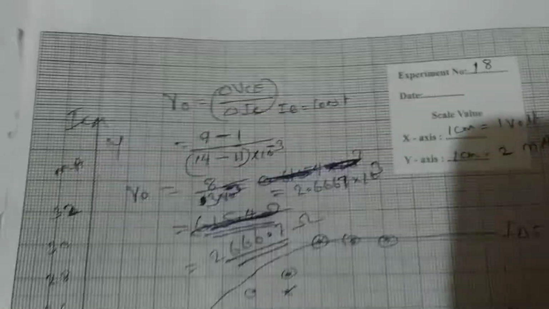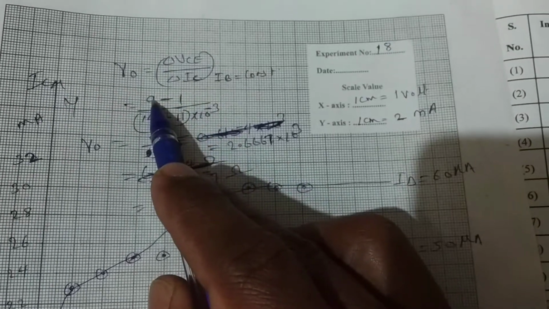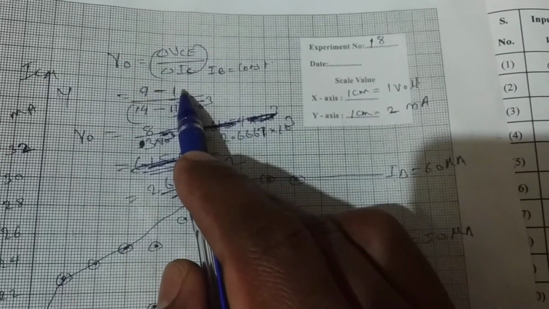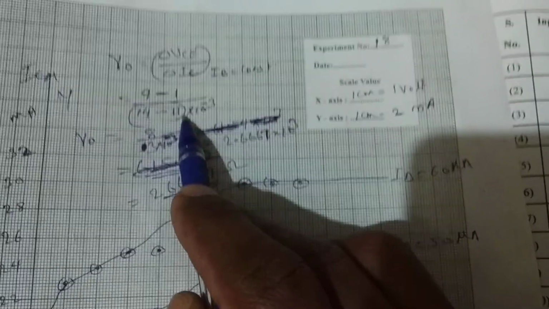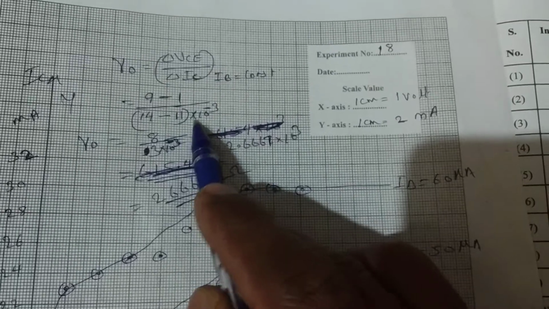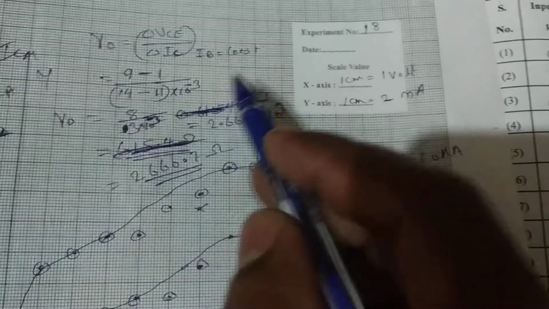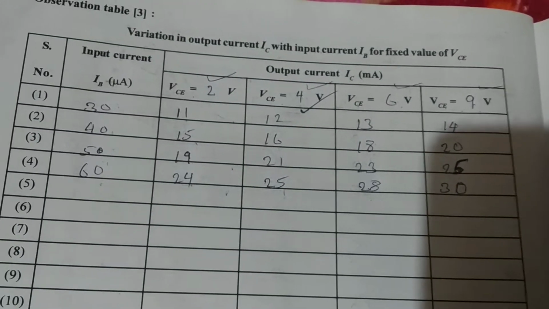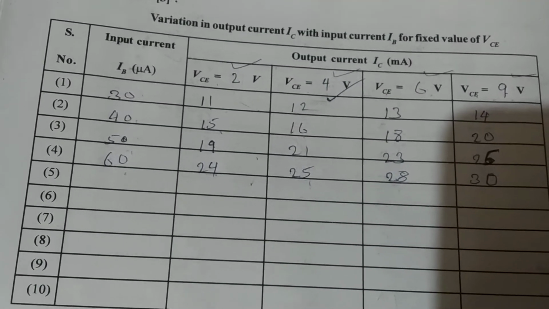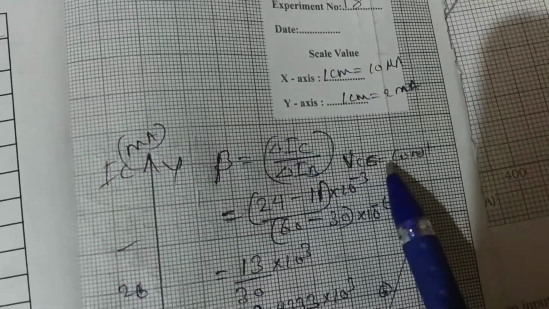So the calculation is 9 minus 1 divided by 14 minus 11, and since IC is in milliampere, we multiply with 10 raised to minus 3. So we get 8 by 3 into 10 raised to 3, or 2666.7 ohm.